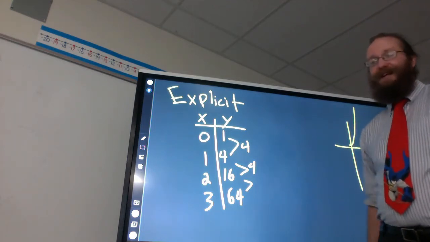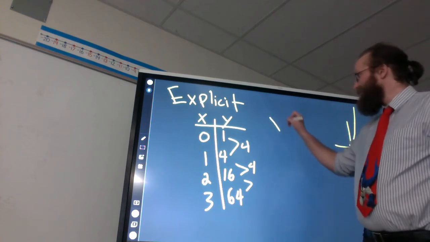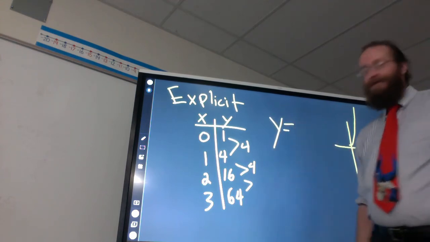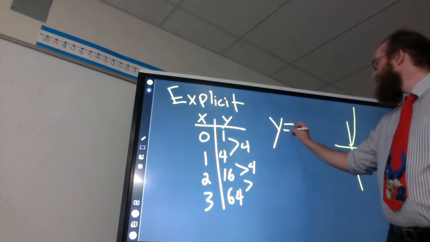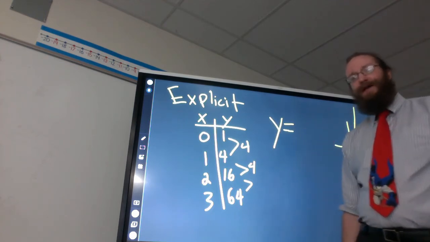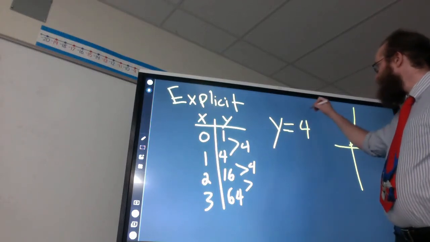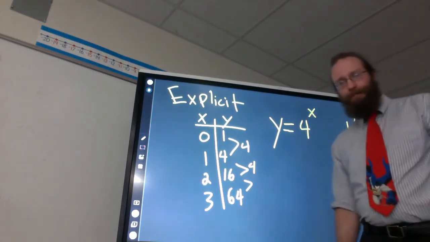So this one is actually an exponential equation, and you will learn a pattern for it later in the semester. But pretty much, you can solve it by creating your multiplication value as your base. So y equals 4 raised to the x power.